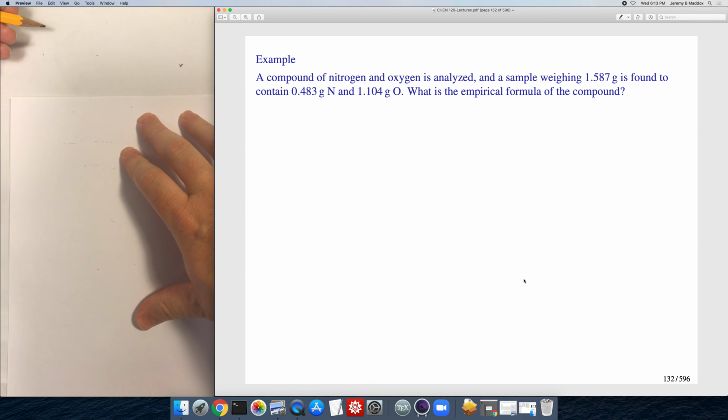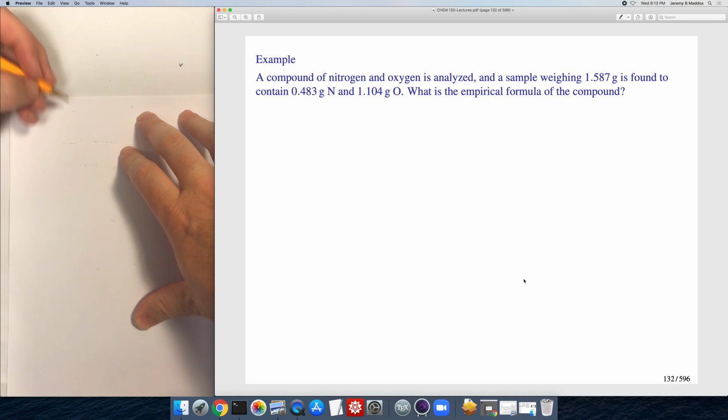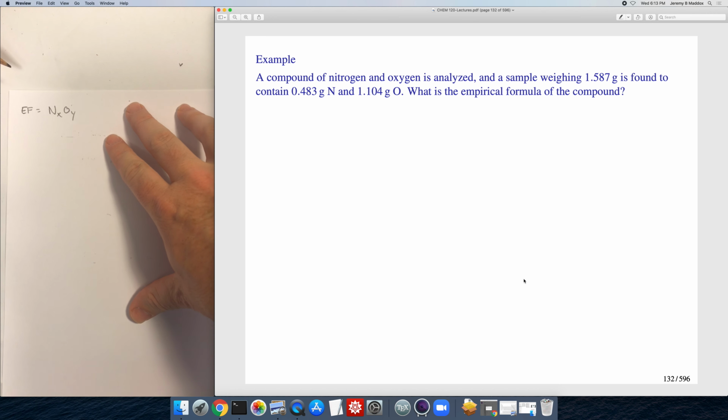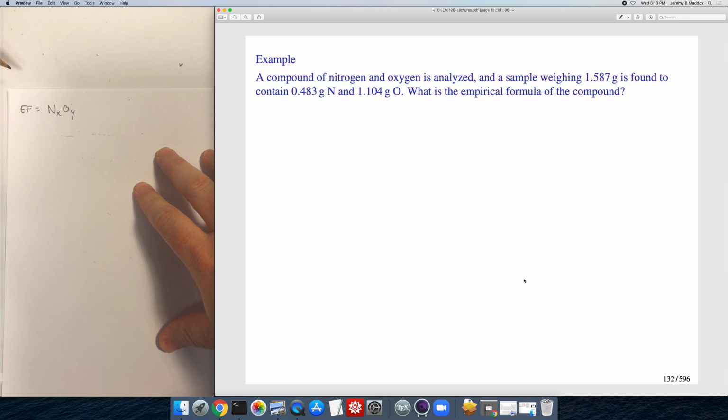The way I like to set these up is to write down that the empirical formula is going to have the generic form NxOy, and my goal is to determine what these subscripts x and y are.